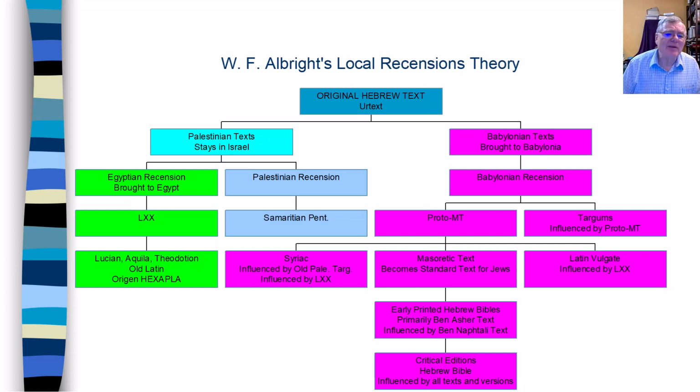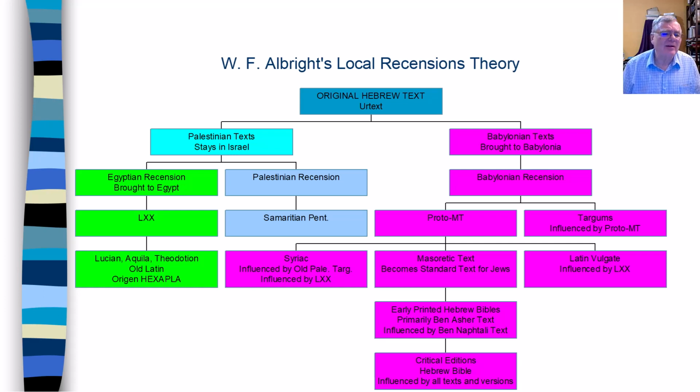Under the texts that stayed in Palestine, there are those that were brought to Egypt and become what one might call the Egyptian recension of the Old Testament. That was the Hebrew text used by the translators of the Septuagint to produce the Septuagint text.